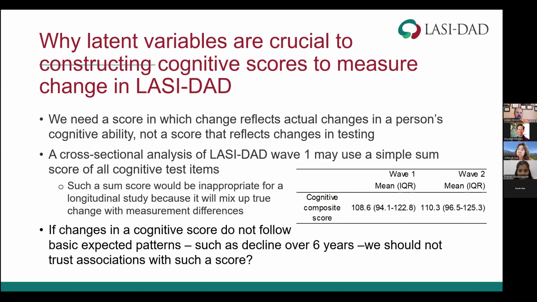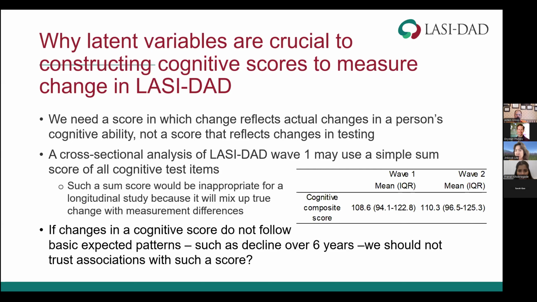If you're going to do a cross-sectional analysis, let's say of LASI-DAD wave one, you might be persuaded to use a simple sum score of all cognitive test items. Such a sum score would probably be inappropriate for a longitudinal study because it's going to mix up true change with measurement differences.